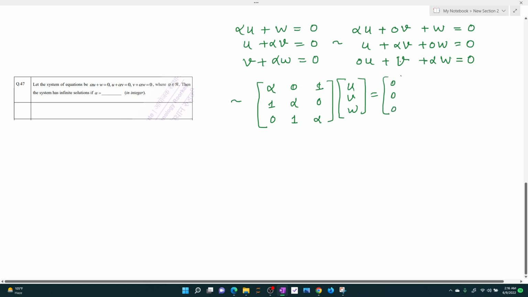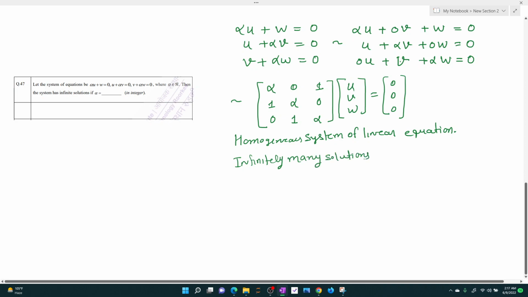So first of all, this is a homogeneous system of linear equations. And we know that a homogeneous system of linear equations has infinitely many solutions, if I write this as A times x equals 0, right?